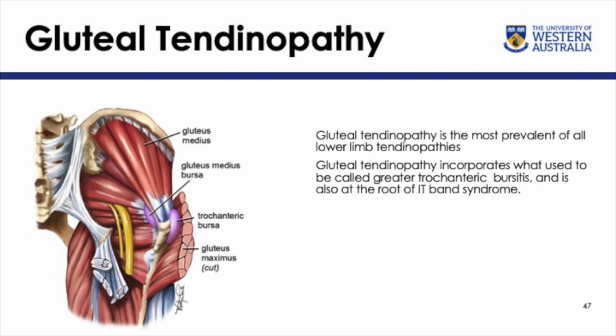In the diagram you can see the trochanteric bursa as well as the gluteus medius bursa, which are commonly involved. These are intimately related to the gluteus medius and minimus tendons, which often have concomitant pathology, either tendinitis or tears.